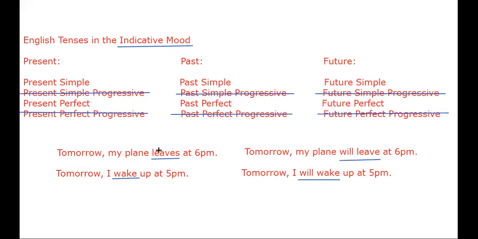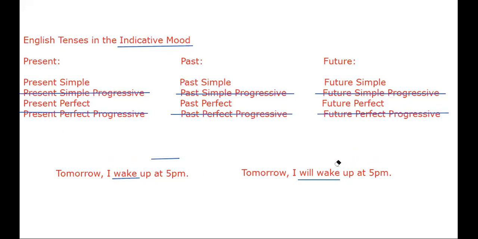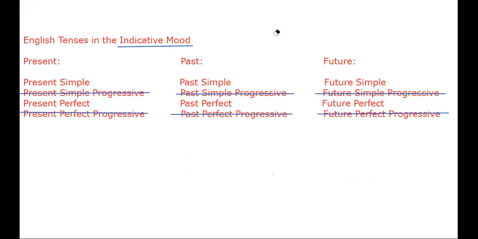So again, the present simple and future simple are both valid in these examples. It just depends on which one you want to use, but sometimes one is more common than the other. There's no hard and fast rule for this. It's just something you have to pick up over time, but at least be aware that there are some instances where either could work.